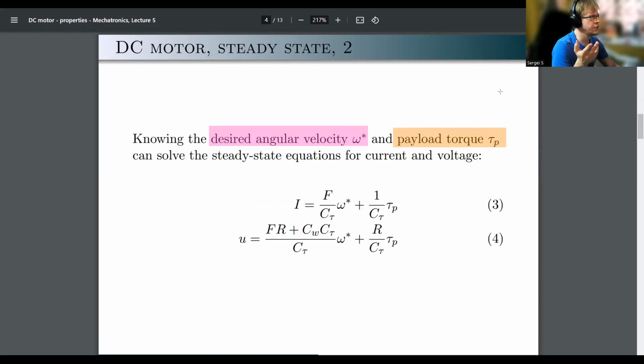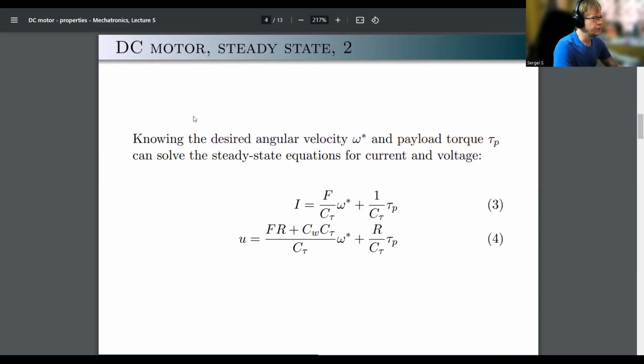We can easily compute it for a fan or a propeller, and for gravitationally induced payload torques. So quite easy. And desired angular velocity is very typical to know for a variety of tasks. Those are mechanical quantities. Now we can solve the equations for current and voltage, so for electrical quantities.